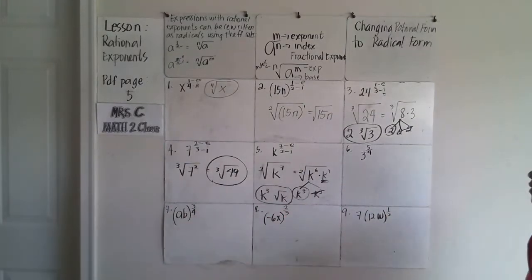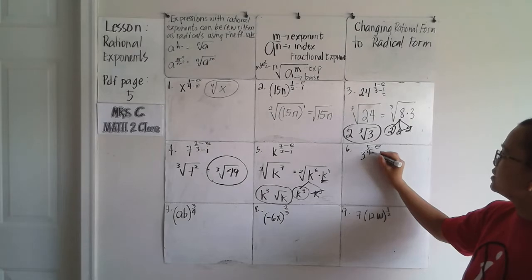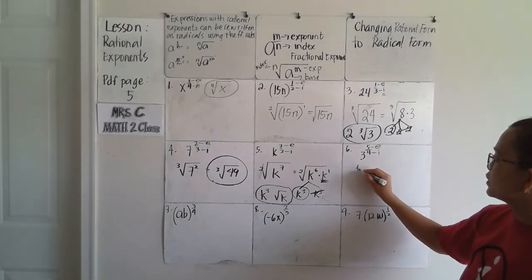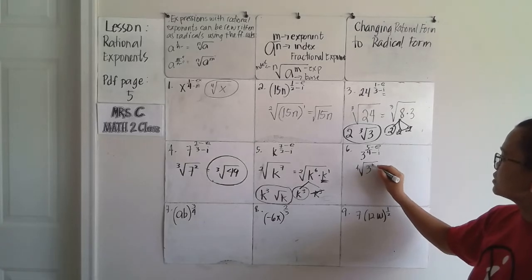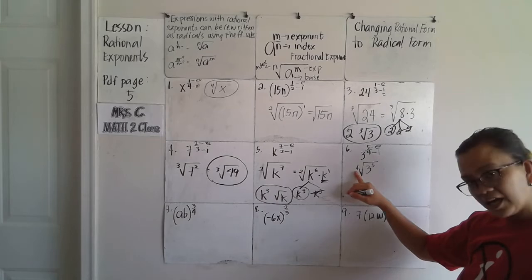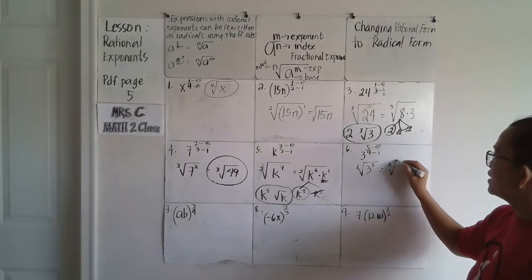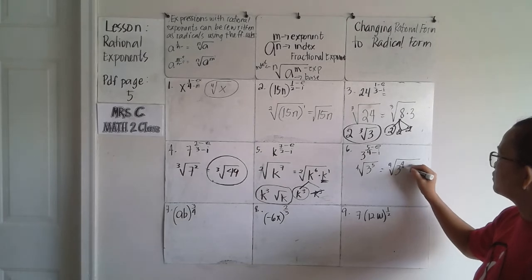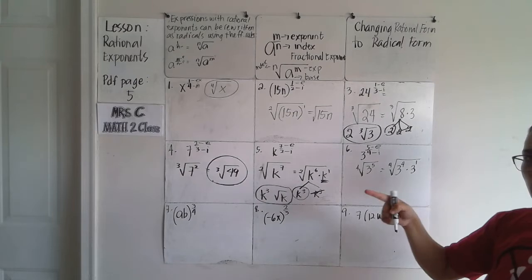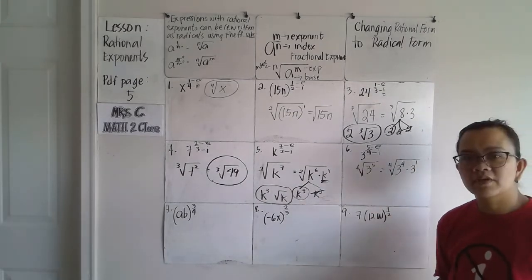Next, 3 raised to 5/4. 5 is your exponent, 4 is your index. So therefore, it will be the 4th root of 3 raised to 5. Meaning to say, since 5 is not a multiple of 4, we may separate them into 3 raised to 4 and 3 raised to 1, because of the exponent rule: same base, add the exponents, right?